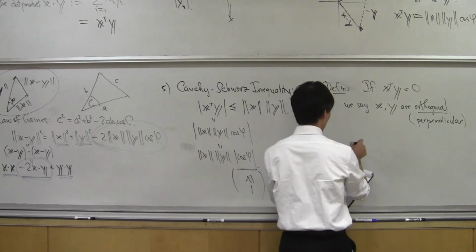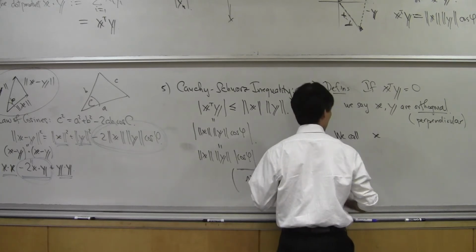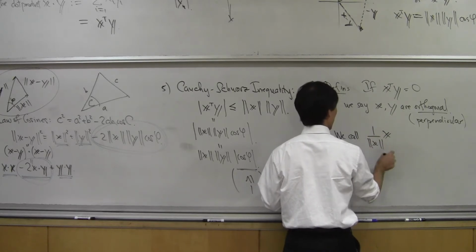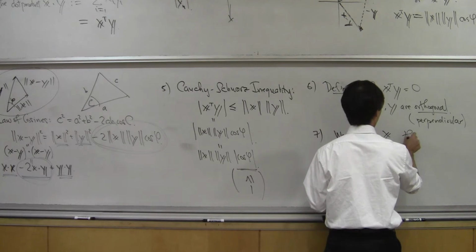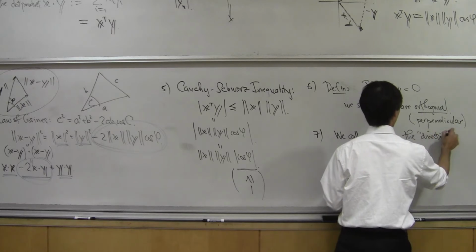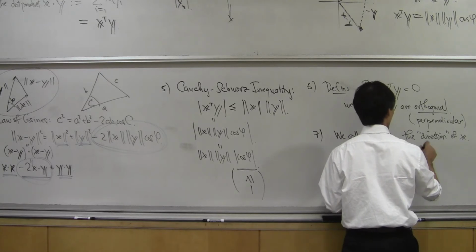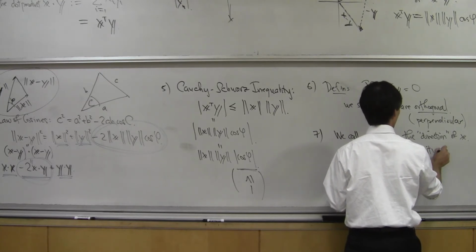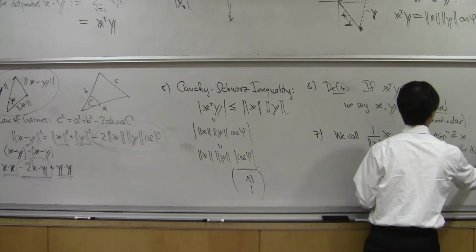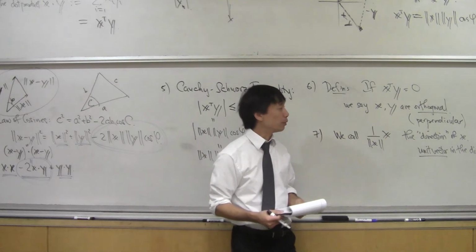Number 7, we call the vector divided by its magnitude the direction of x, or the unit vector in the direction of x, because it's a vector of size 1 with the same direction.